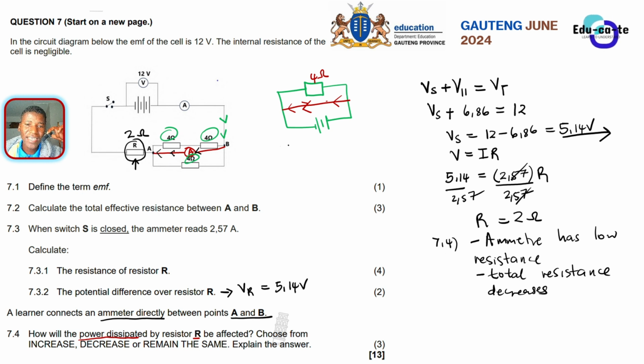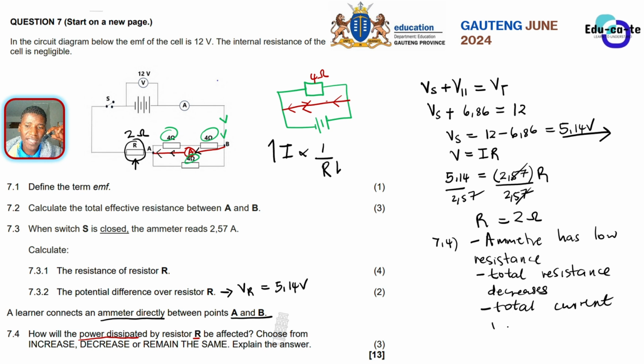And since current and resistance are inversely proportional, when the total resistance decreases, what will happen to the total current? It will increase. So total current will increase because they're inversely proportional.